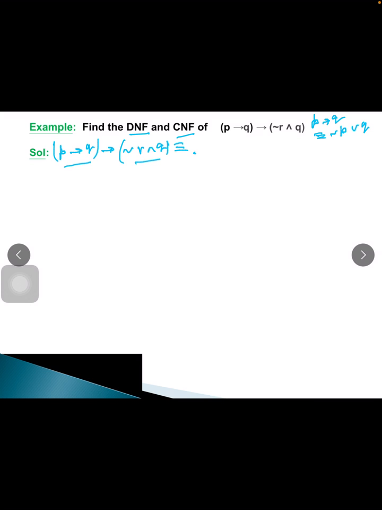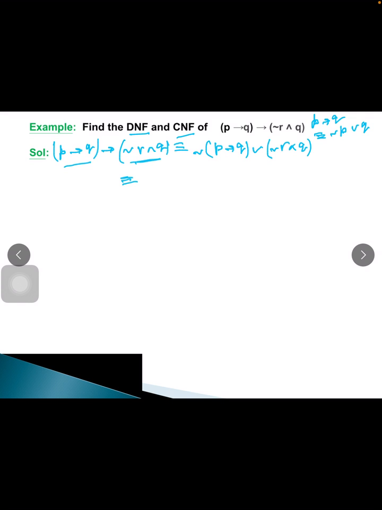So first we do the negation of P implies Q, or Q. And what is our Q here? Our Q is this term, negation of R and Q. Now we use the definition. Here we have the negation, and again we have an implication.